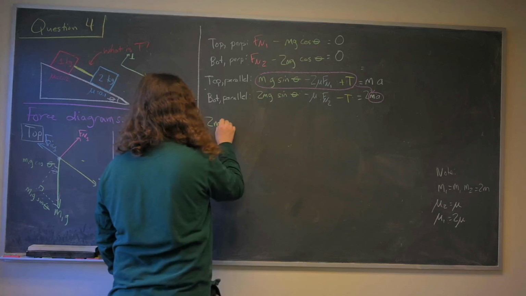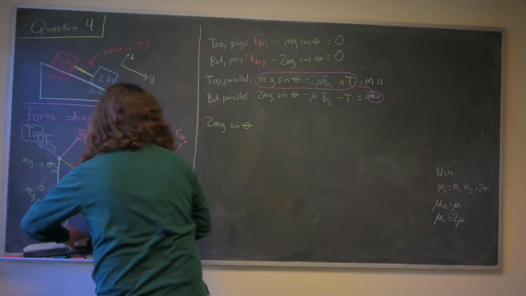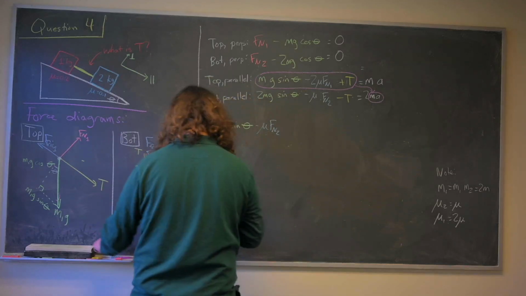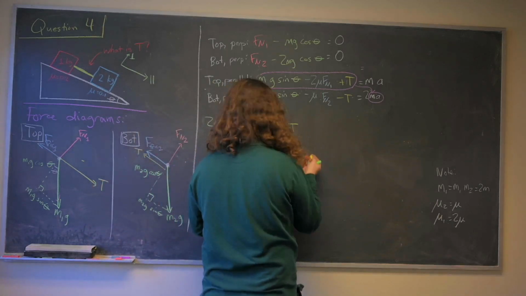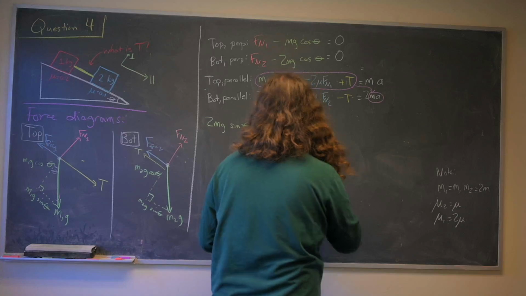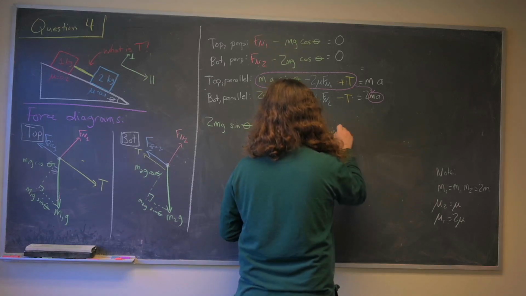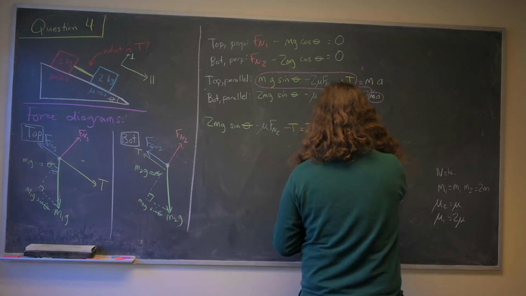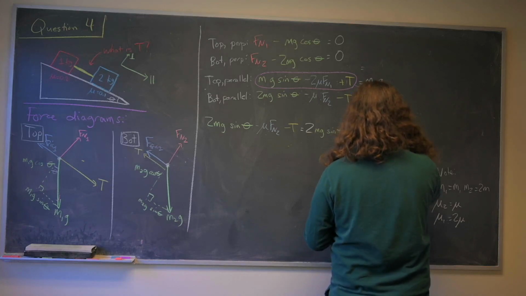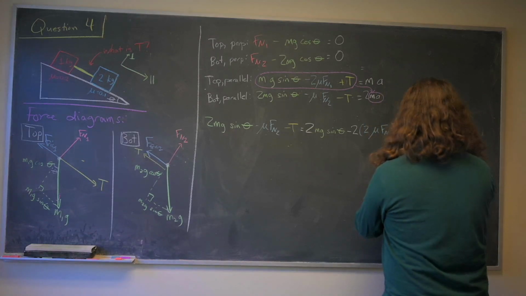So I've got 2mg sine theta, where's my blue chalk, minus mu Fn2 minus T, and now I'm going to put a 2 in front of all these terms. So this gives me 2mg sine theta minus 2 times another 2 mu Fn1, and then plus 2T.